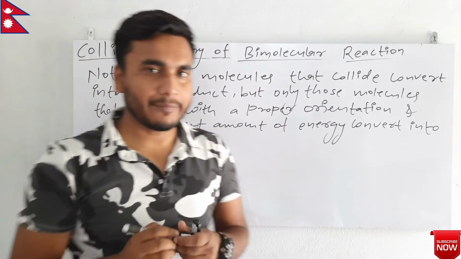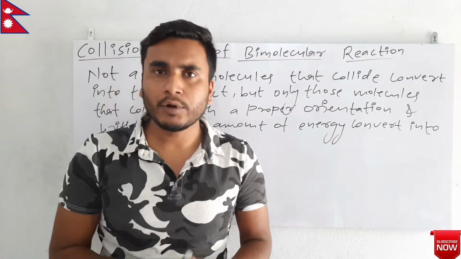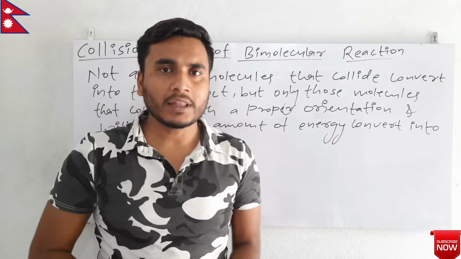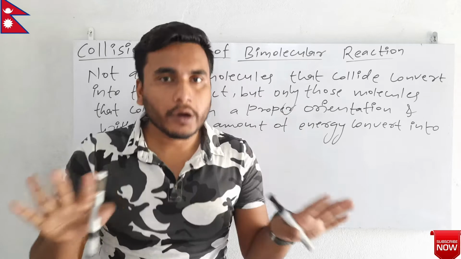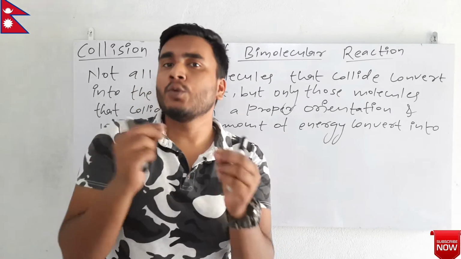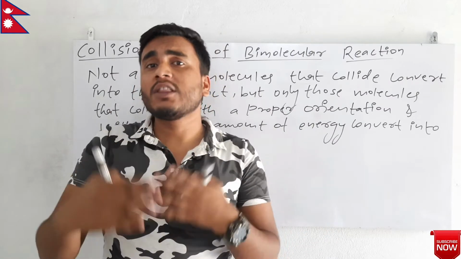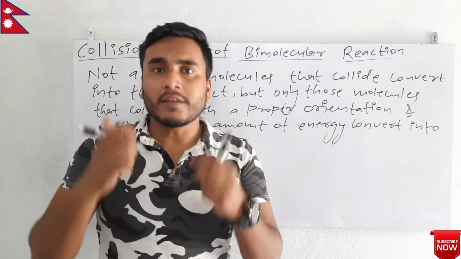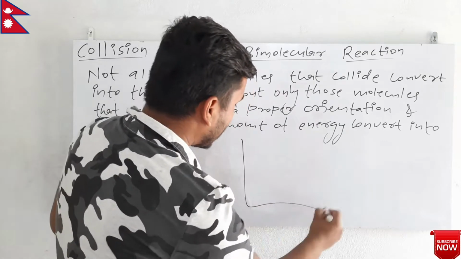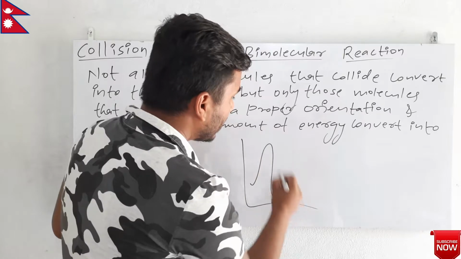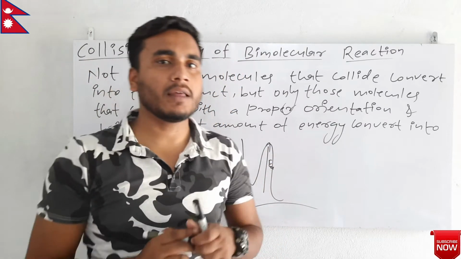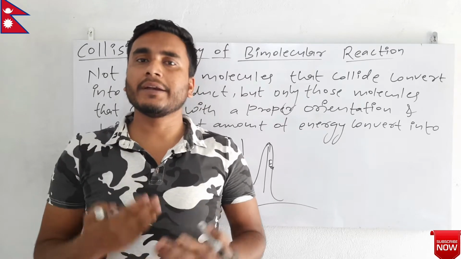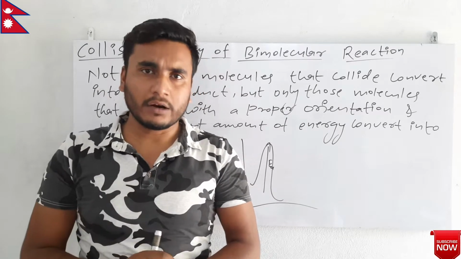So this is the statement of collision theory of bimolecular reaction. It is trying to say that all the molecules that collide with each other do not form the product, but only those molecules that collide with sufficient amount of energy. Sufficient means the energy of that reaction must be greater than the activation energy, or we can say the energy must be greater than or equal to the threshold energy.